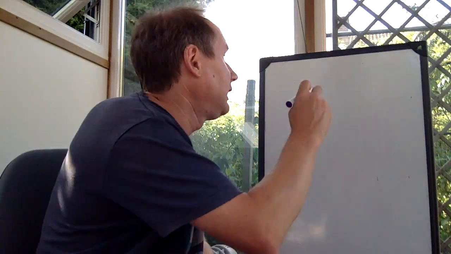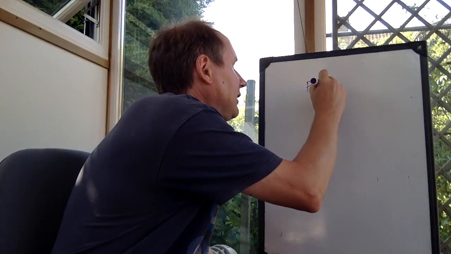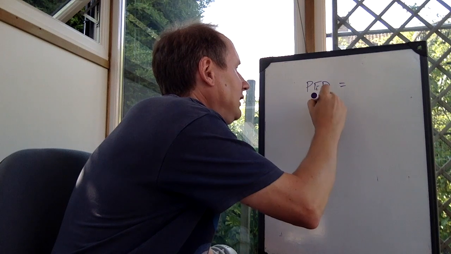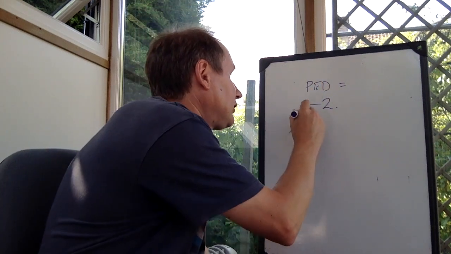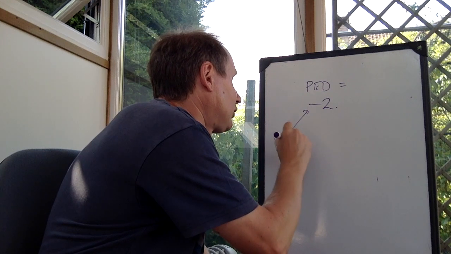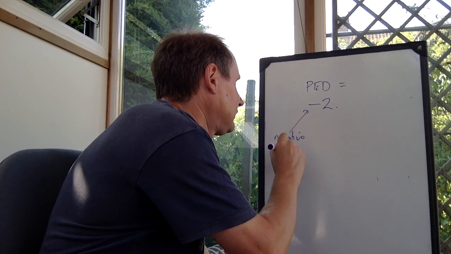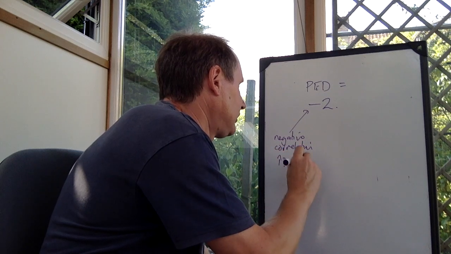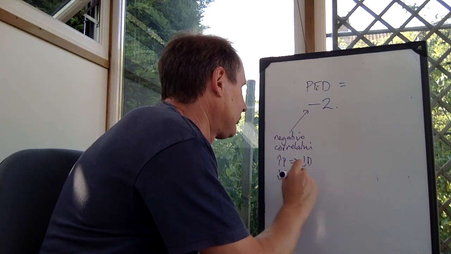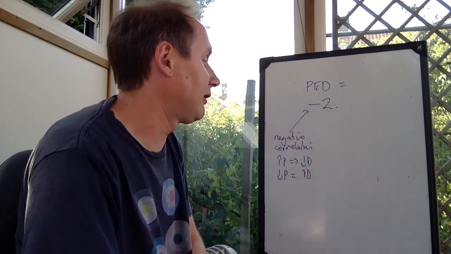The formula gives us actually three pieces of information. If I tell you that price elasticity of demand is -2, then that actually tells you three things. Firstly, it tells you that there is a negative correlation. And what that means is that an increase in price is going to lead to a decrease in demand, and a decrease in price is going to lead to an increase in demand.